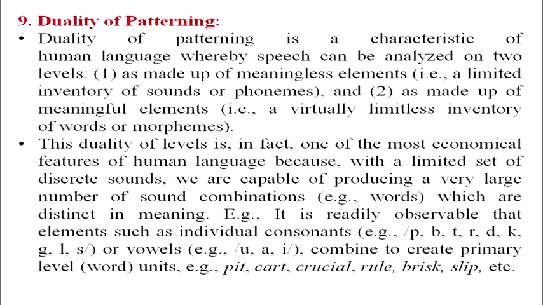The next feature is duality of patterning. This is a characteristic of human language. The animals don't have it. It means we can analyze speech at two levels. The first level is that of meaningless elements, for example the sounds or phonemes: consonants, vowels, semi-vowels, etc. And the second level is that of meaningful elements, for example the words or morphemes.